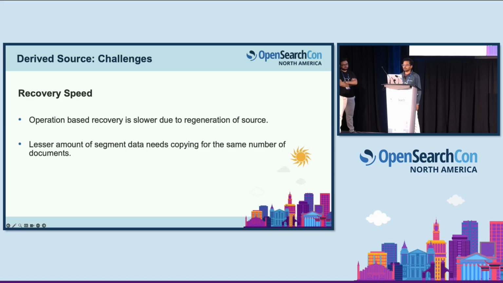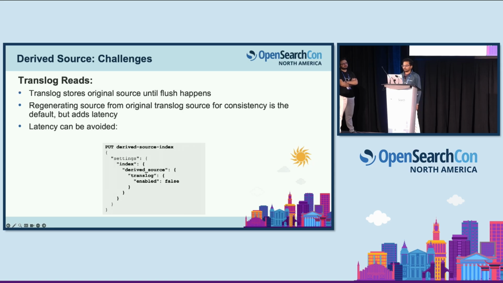One is Lucene based recovery and the other one is translog based recovery. In Lucene based recovery we might end up seeing degradation, because now you are reconstructing the source from different locations and it can take time for a lot of documents. Similarly for translog based recovery we might see this, but we have a way to bypass that, because in translog based recovery we have the original source with us.